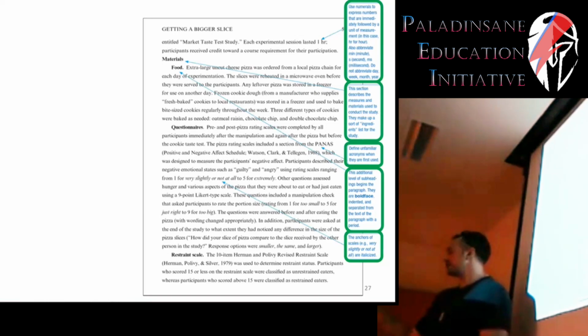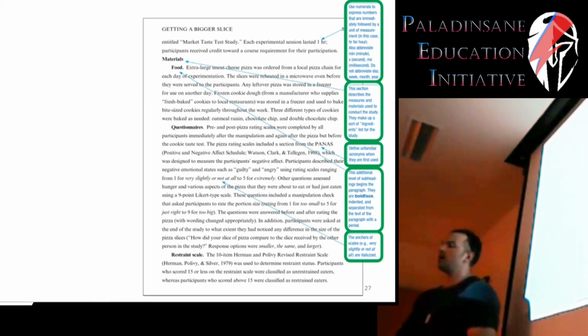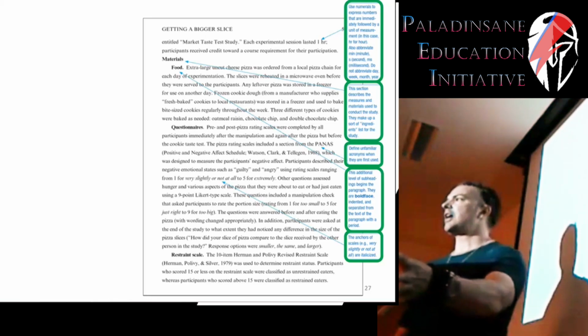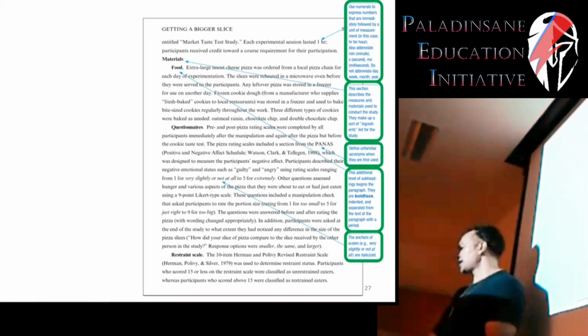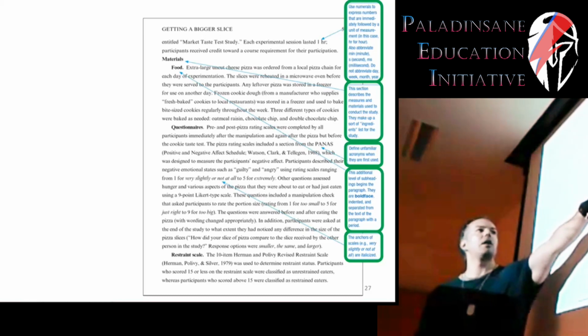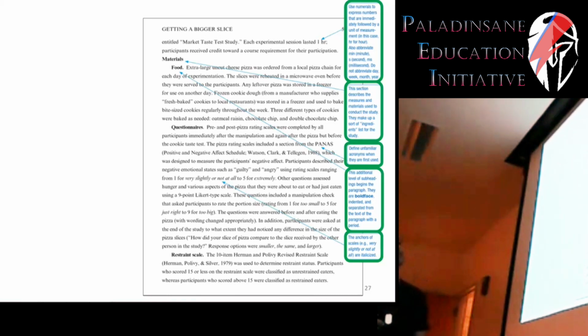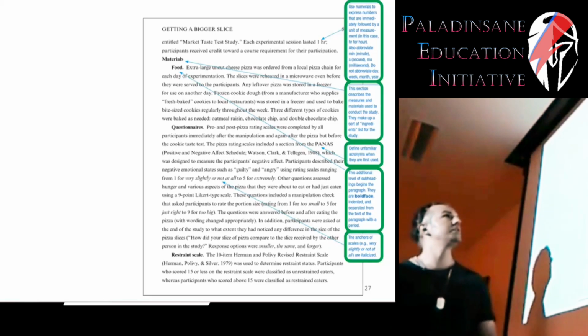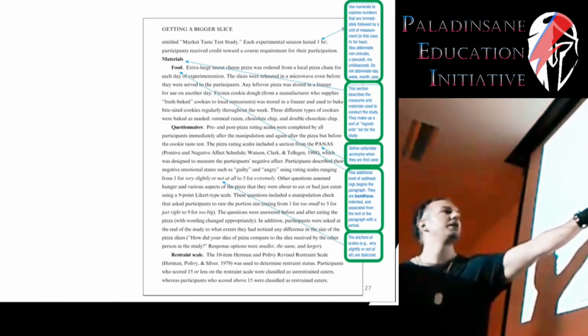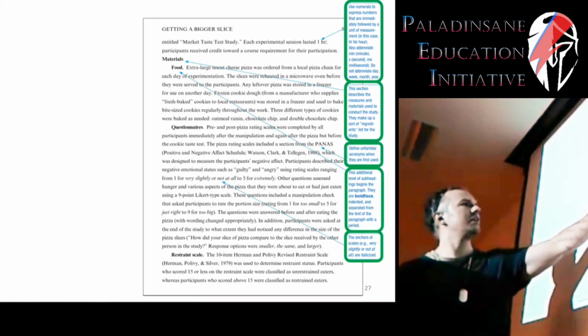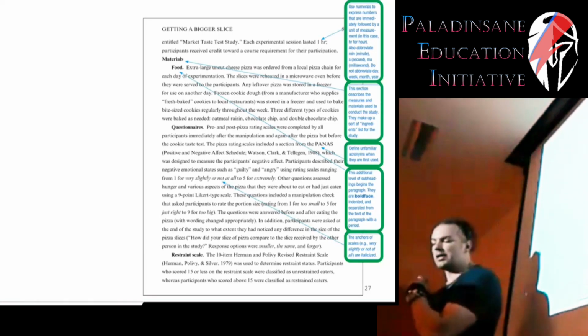We say we measured confidence on a scale from 1, not at all confident, to 4, completely confident. Those phrases, not at all and completely, are in italics. And this is a nice little feature because if I was trying to find what the anchors of a scale are, it would be very easy for me just to scan this and go, oh, boom, italics right there. Very slightly or not at all, all the way to 5 for extremely.